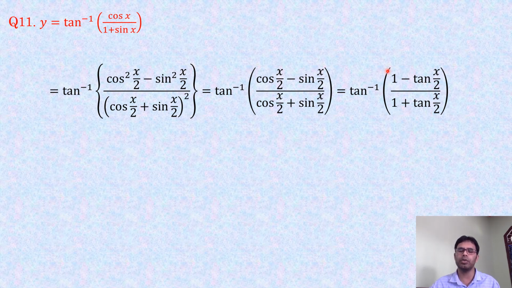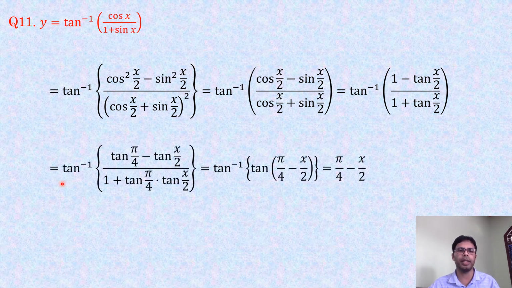Actually my target is to make this total inner function a function of tan, so that I can cancel or remove this tan inverse. That is why my target is to make this total inner part in terms of the tan function. So 1 minus tan x by 2 divided by 1 plus tan x by 2, we discussed earlier in the previous video, can be written like this. Tan inverse is remaining here. This 1 is actually tan pi by 4, minus tan x by 2 remaining the same.